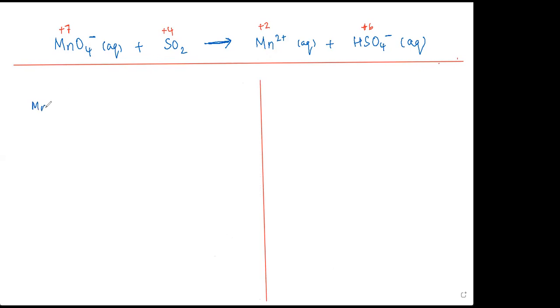MnO4 minus to Mn2 plus, this is reduction, and SO2 to HSO4 minus, this is the oxidation half. And just keep in mind this was in acidic medium.